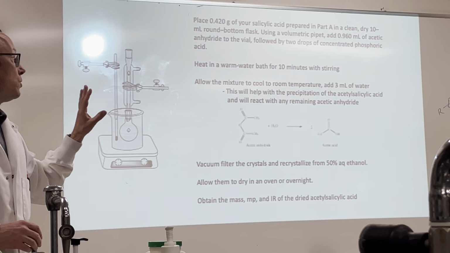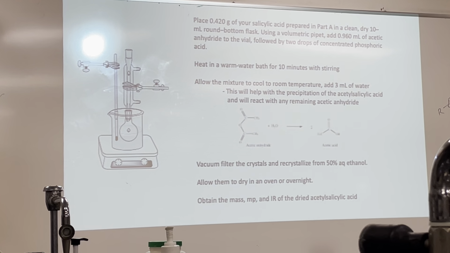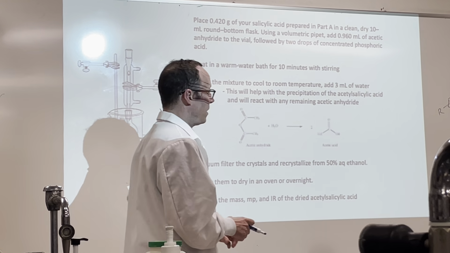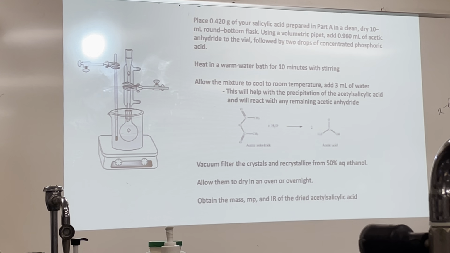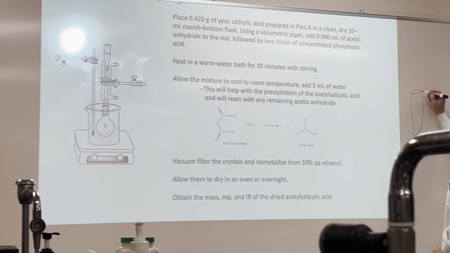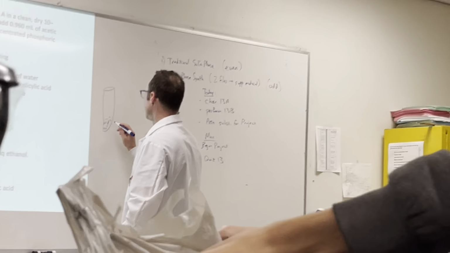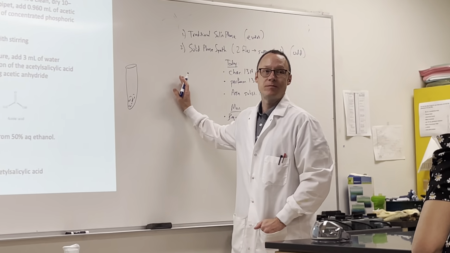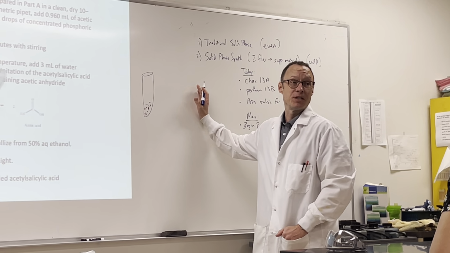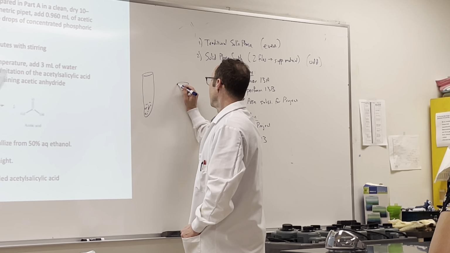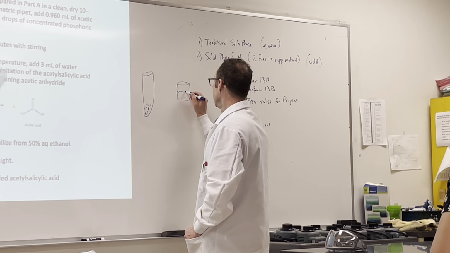So if you do use the small amount that's written in the lab manual procedure, the way I would probably approach it is I would take the crude aspirin and put it in one of your test tubes. Get a second, maybe a small beaker or even a small test tube, with a little bit of your ethanol water.